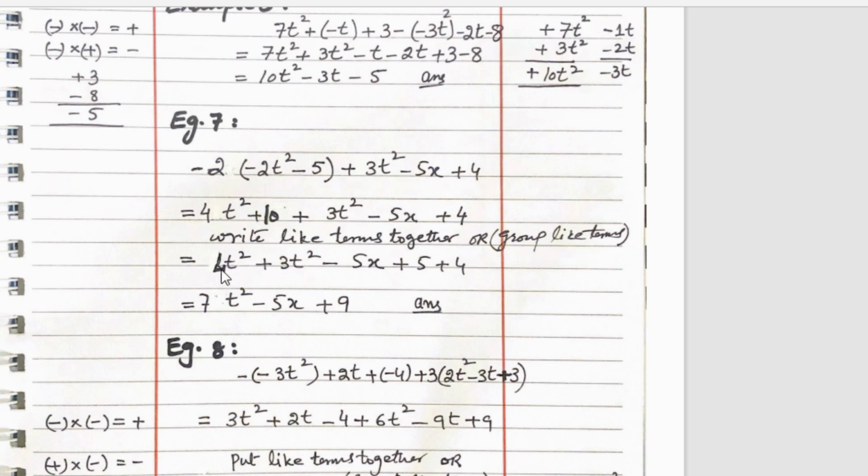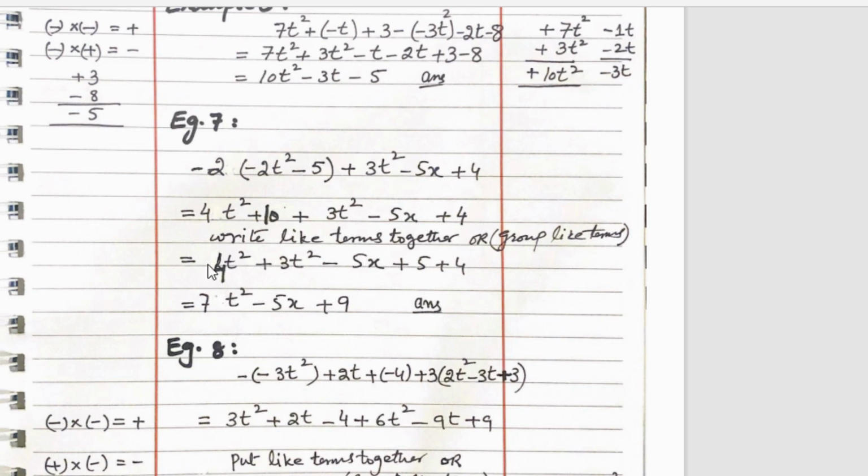If there are 4 pens in your right pocket and 3 pens in your left pocket, what will be the total number of pens in your pockets? 4 plus 3, 7 pens. You will say 7 pens.